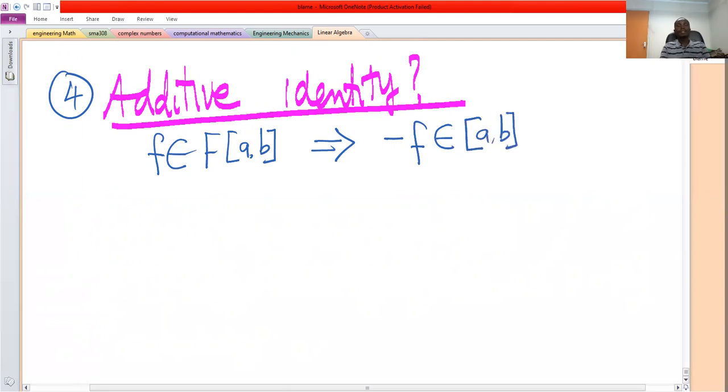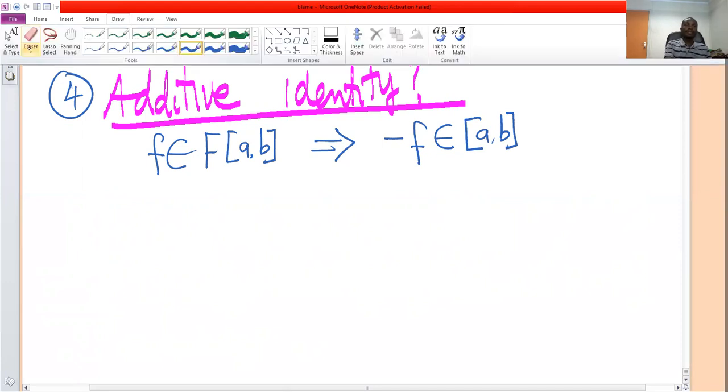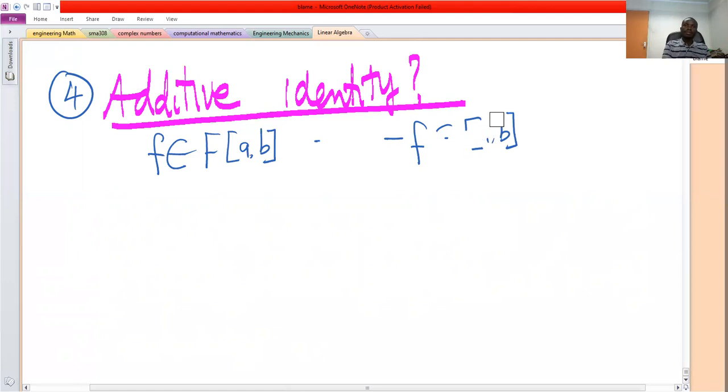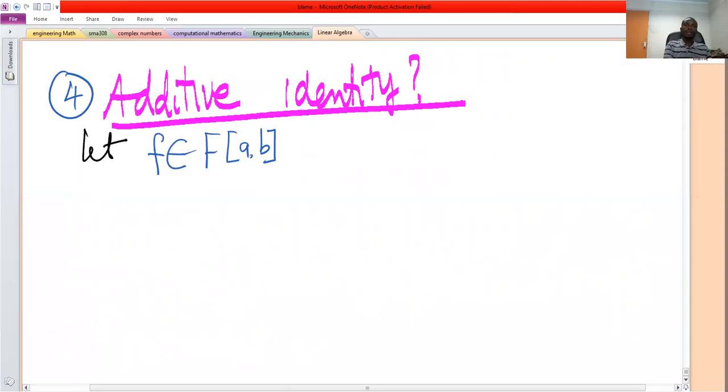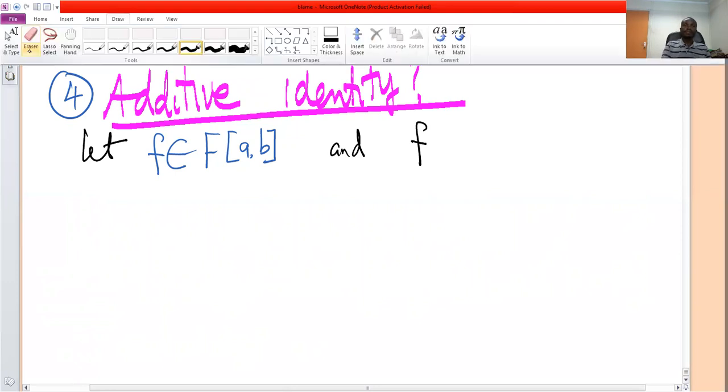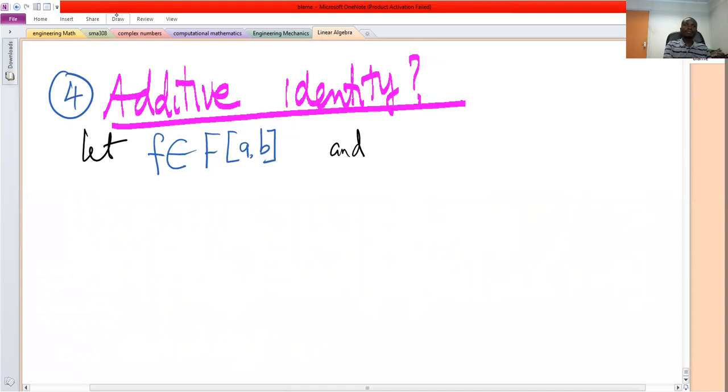So let f be a function in that set F. And let's define a function, zero, to be 0 for all x given in the interval AB.